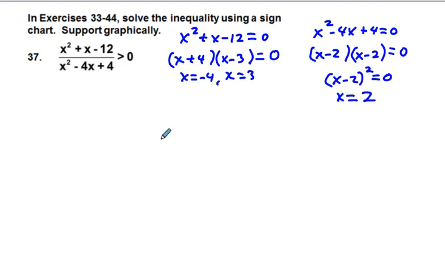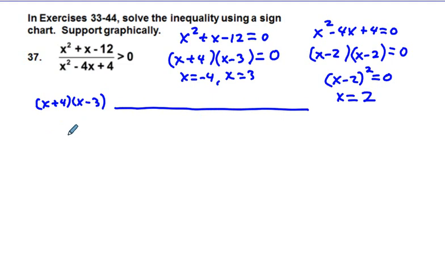So we have these three critical numbers in a row, and the first thing I'm going to do is write the numerator. So we have quantity x plus 4, quantity x minus 3, and our number line emanating rightward from that.